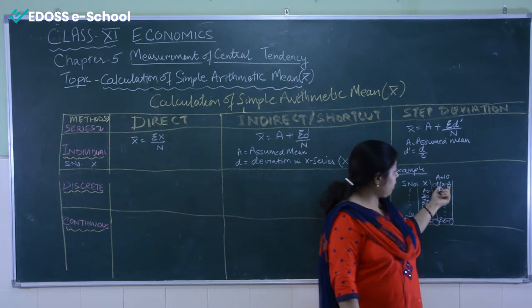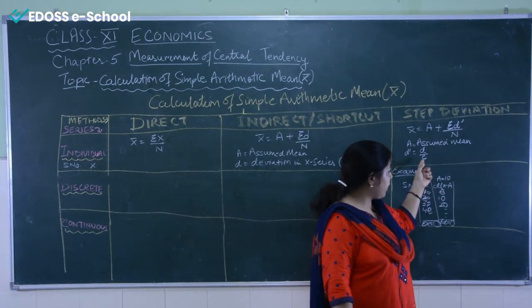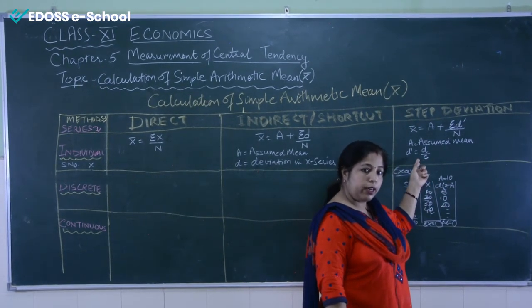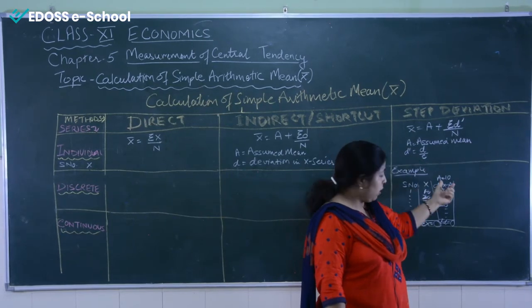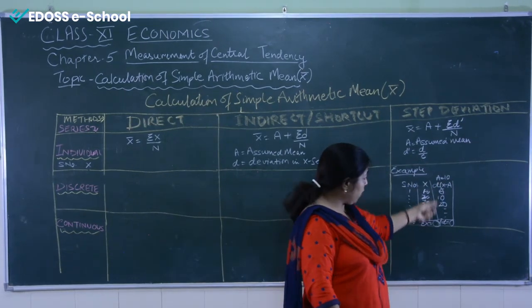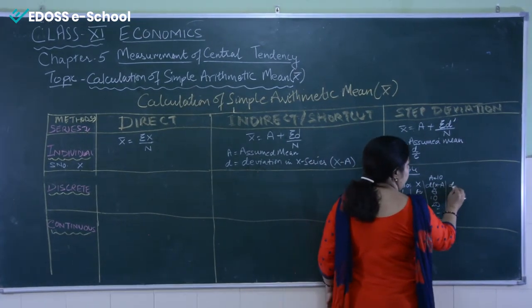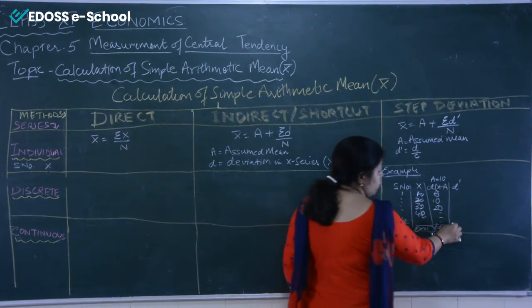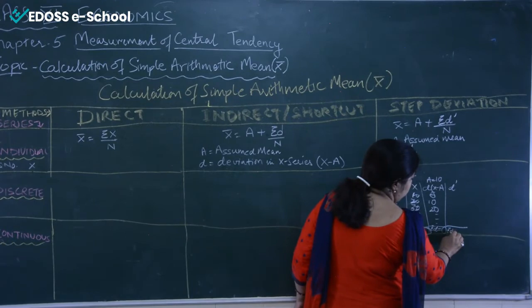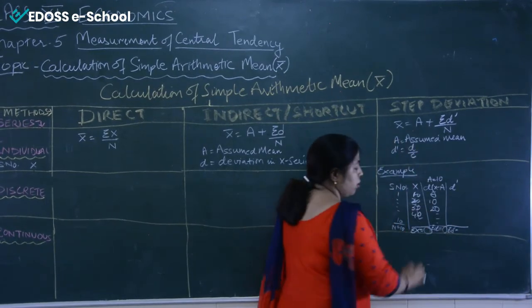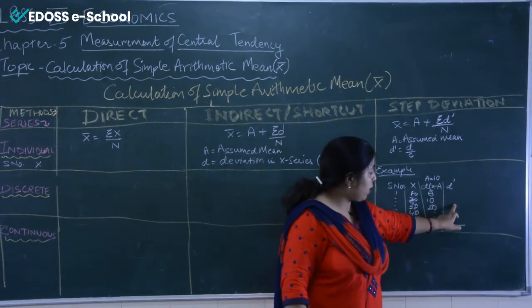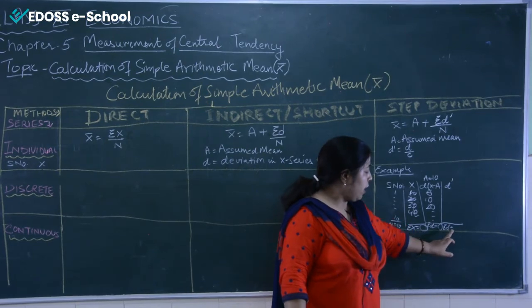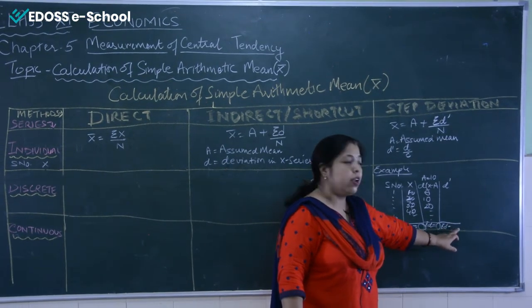Fine. So with the common factor we will get it. Suppose we have taken 10 to be C. We will cancel the values and we will get D dash. So we will create the D dash column. When we get the D dash column, again we will total the D dash here. The entire values of D dash will be totaled here and the value of summation D dash will come.